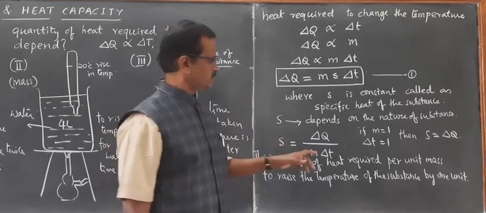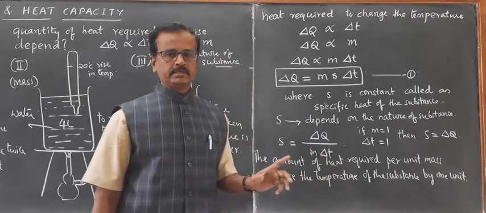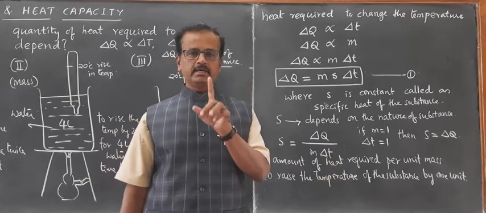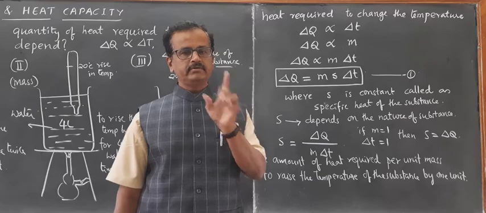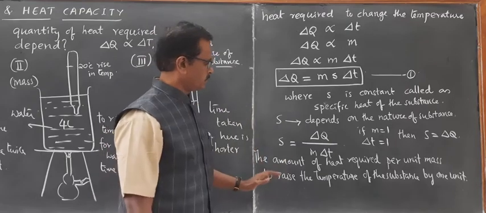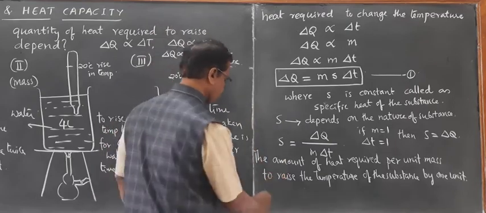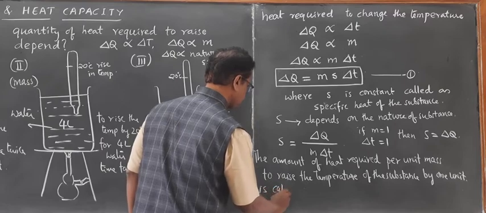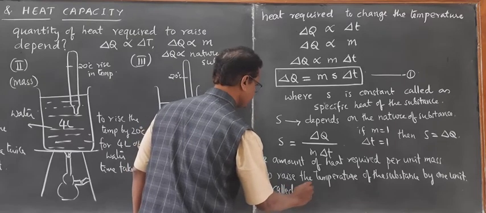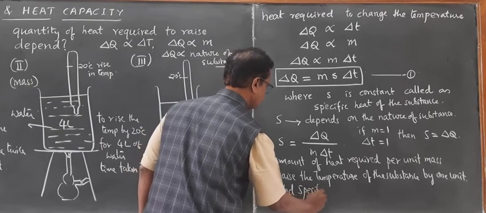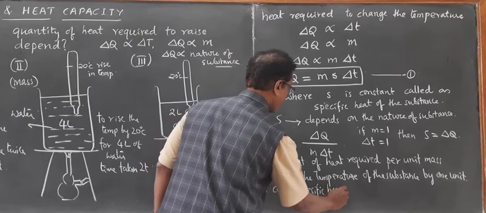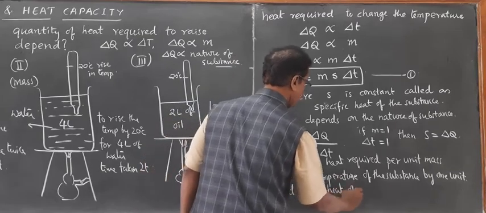Please remember, it is delta T. Delta T equal to 1 degree Celsius is the same as delta T equal to 1 Kelvin. Both are the same. So this is called the specific heat of the substance.